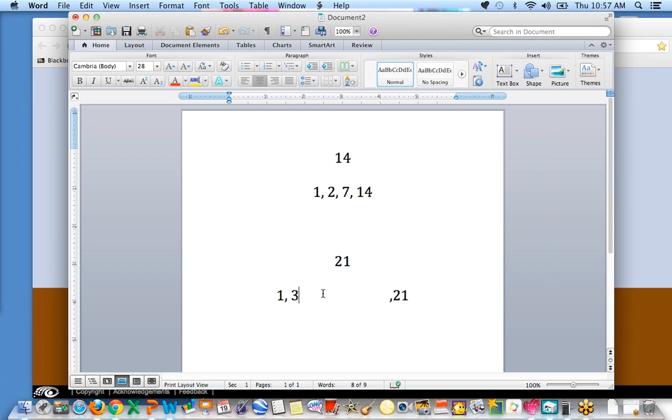Type it into the chat, guys. 21. 3 times 7 is 21. So 3 and 7 are definitely factors of 21. Are there any other numbers that I can multiply together to get 21?